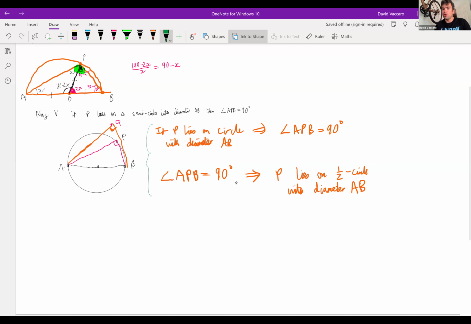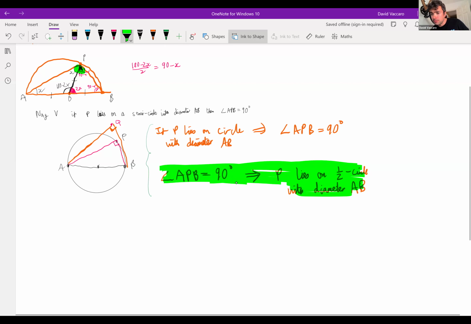In order to show that the locus is the circle, we would need to show both of these conditions. If we'd only shown this condition, then we would only have shown that the point has to lie on the circle, but we wouldn't have shown that every point on the circle works.